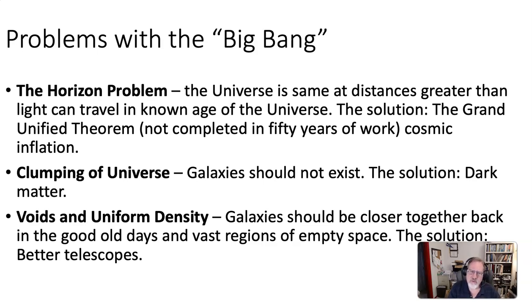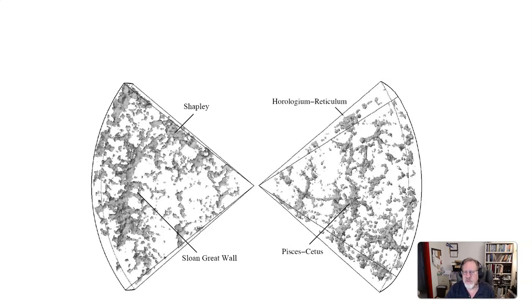Voids and uniform densities. So when you look into deep space, galaxies should be closer together. You don't see that. And also we see these voids, places where there seem to be no galaxies. Why is that? So this is showing roughly the idea here that there are clumps of galaxies and voids.